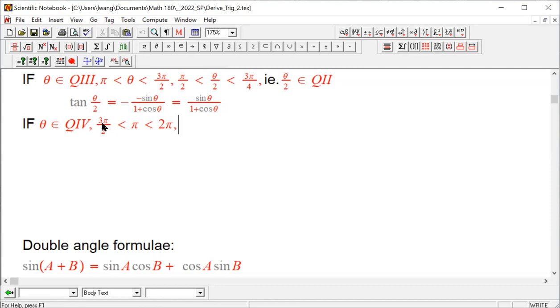Half theta will be between 3 pi over 4 and pi, i.e., half theta is in quadrant number 2. So half theta terminates in quadrant 2.